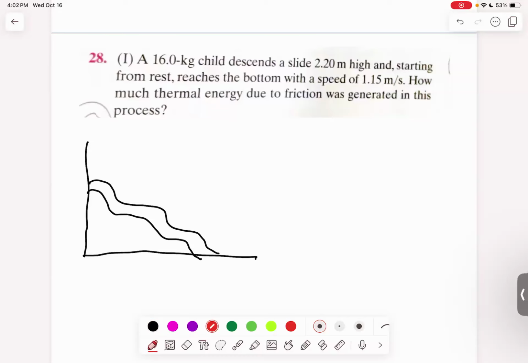And she has a mass of 16 kilograms. The initial height that she's at is 2.20 meters.